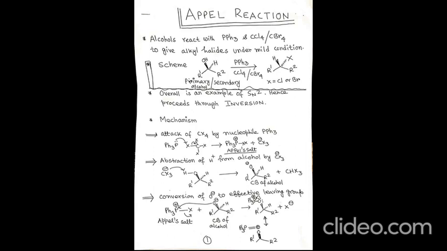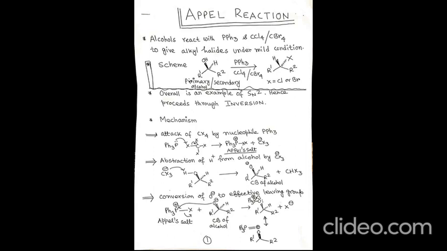In the next step, this CX3 minus abstracts the H plus from the alcoholic OH and we get the conjugate base of the alcohol and haloform.